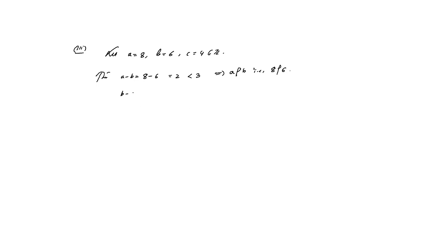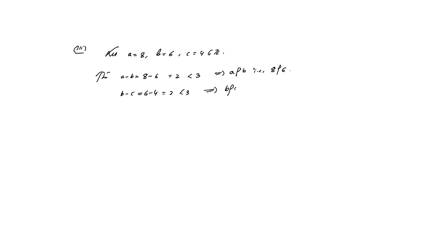So for transitivity, what will we take? Let A equals 8, B equals 6 and C equals 4, belonging to Z. Then what will be A minus B? 8 minus 6, that means 2. This is less than 3. So that means A rho B, that is 8 rho 6, holds. What about B minus C? 6 minus 4 is 2, again less than 3.